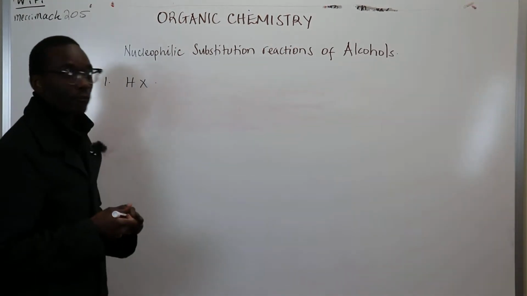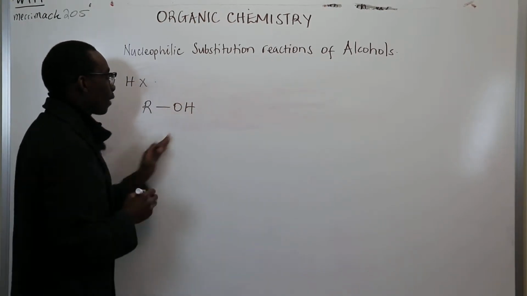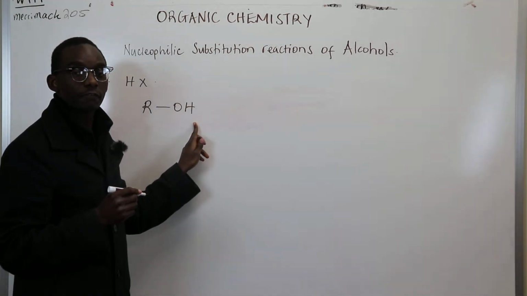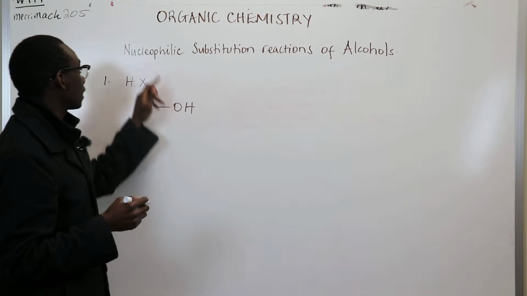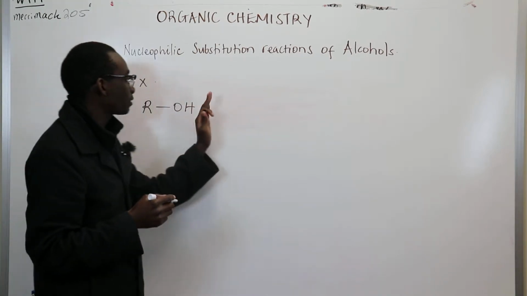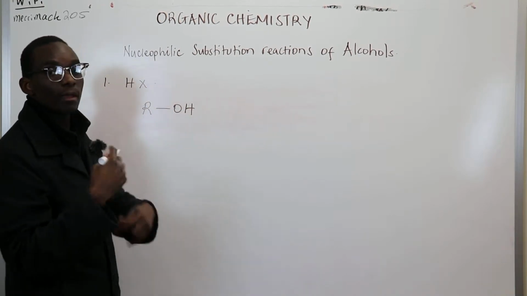We know the general formula of alcohols as ROH. Alcohols have an OH group, which is a very poor leaving group, very hard to be displaced under nucleophilic substitution reactions. Hence, we need to react it with another reagent that will make this OH group a better leaving group.